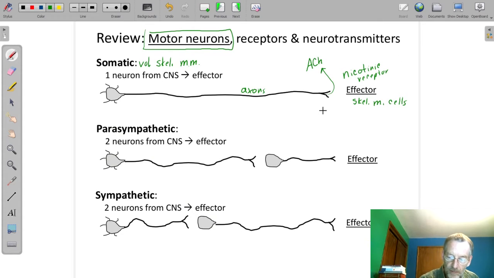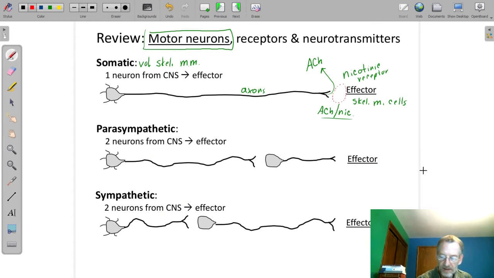So I sometimes abbreviate this as ACH for the neurotransmitter onto a nicotinic, and I'll just abbreviate NIC receptor. That's what occurs in this synapse between the motor neuron and the effector. That's the little gap that we looked at a couple quarters ago. Okay, so that should be review.